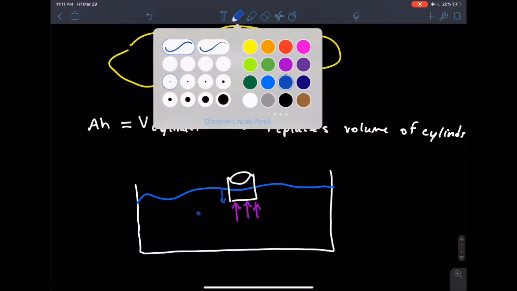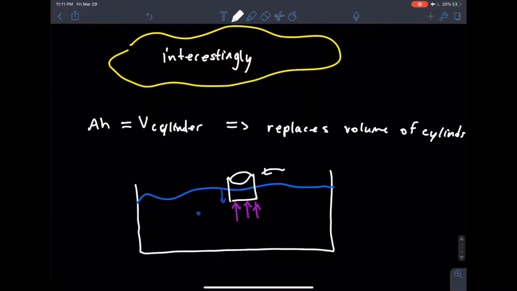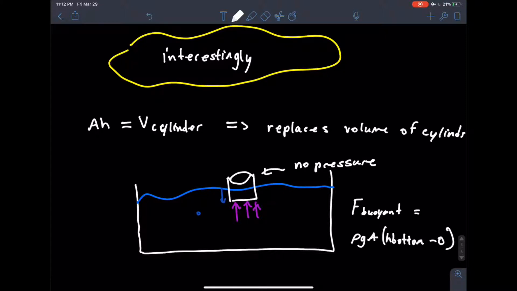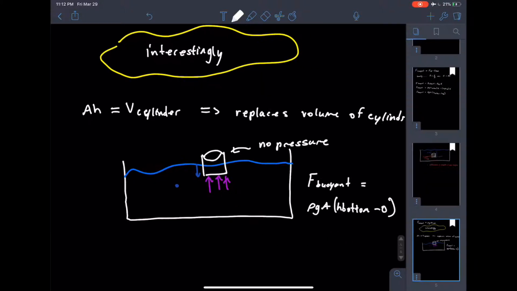Then I'm going to draw the upward forces acting on the soup, and as we can see, there's no pressure acting from the top, so we can write the relationship that the force buoyancy is equal to rho gA, but this time we're going to write the height of the bottom minus 0, since there is no height at the top of the soup can.